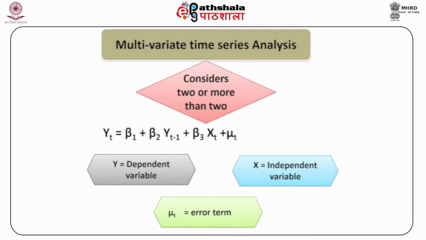In the above equation, we have two variables where y is the dependent variable and x is the independent variable. The value of y is affected by two variables: one, its own lagged value, and other, the value of variable x. The error shocks are considered explicitly.